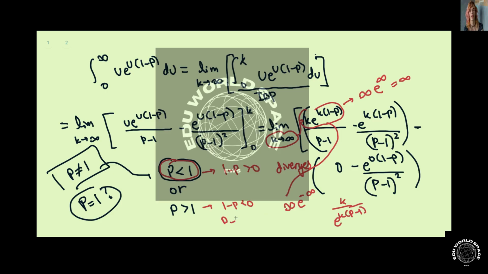P minus 1 is positive. Just multiply this by a negative. And use L'Hopital's rule, because it's infinity over infinity, and you will get 0 here. And similarly, this is e to the minus infinity, so that will go to 0. And we have a bunch of real numbers that we add, and this will converge. No infinities at the very end. So it will converge.